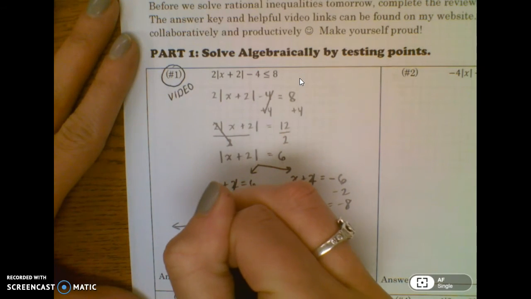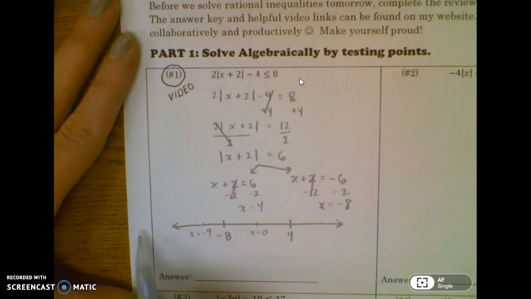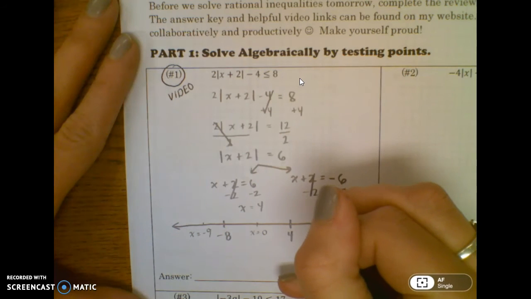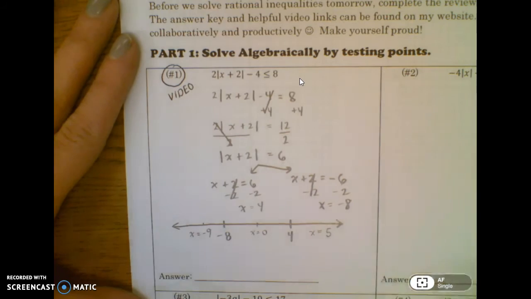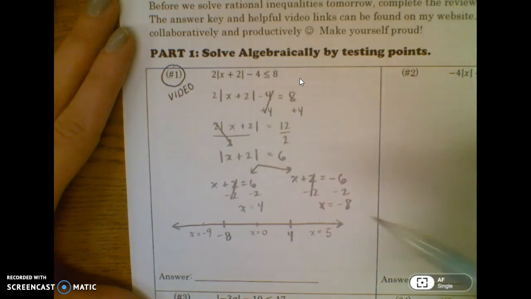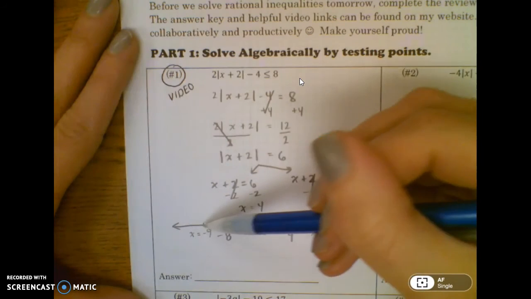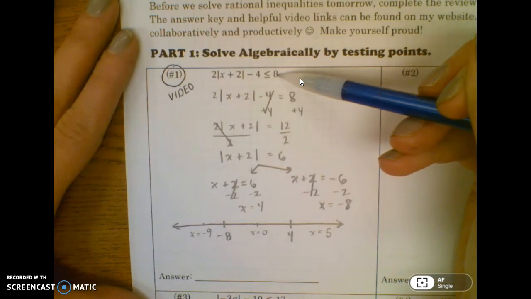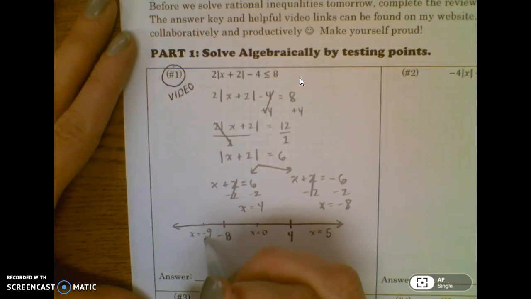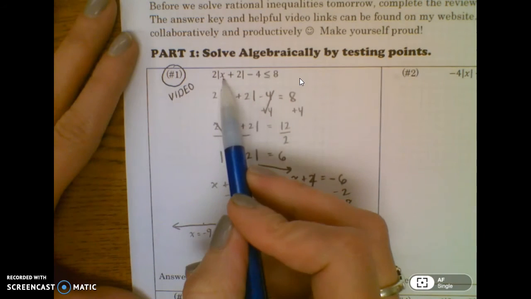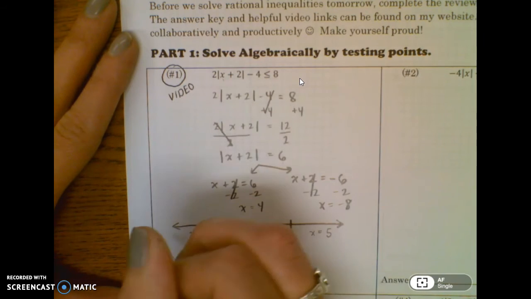You don't have to choose these numbers, they just have to be in that interval from negative infinity to negative 8. From negative 8 to 4, and then something greater than 4, I'll choose 5. So we're testing x values in these intervals to see whether or not the interval is indeed a solution to the inequality. So I'm going to test x equals negative 9 by plugging in negative 9 for x.